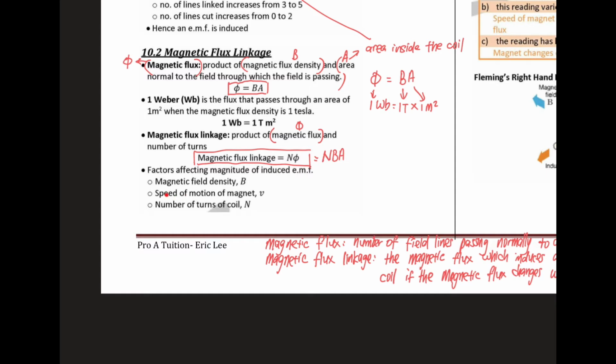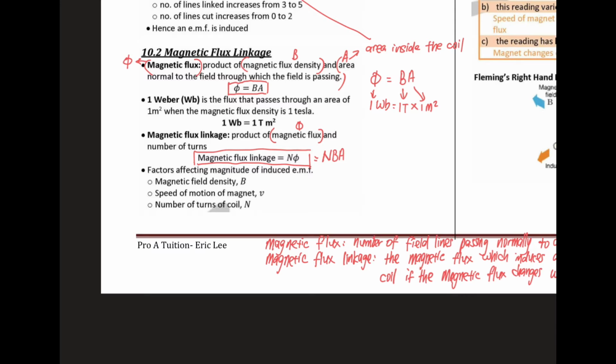And then speed of motion of the magnet, the V. Logically true, if you move your permanent magnet in and out quickly, then you will induce more EMF. Number of turns of coil, logically this is true also, because if you put more turns, then it will increase the magnetic flux linkage.